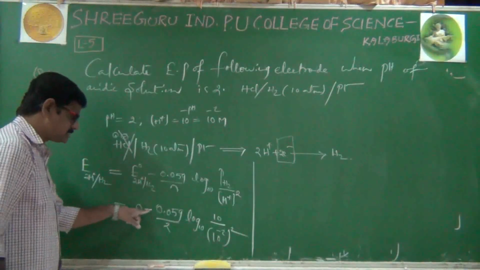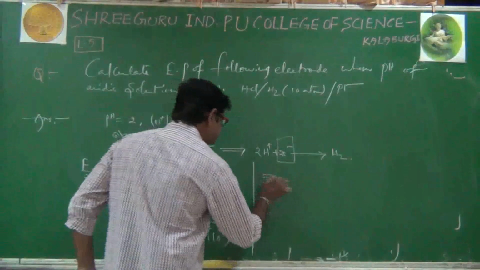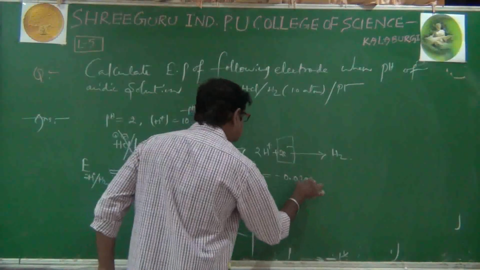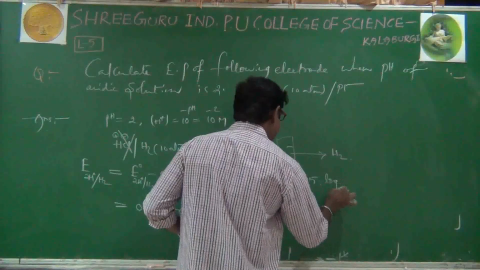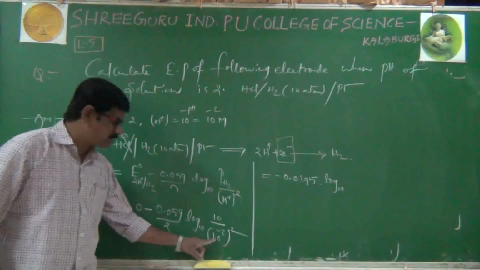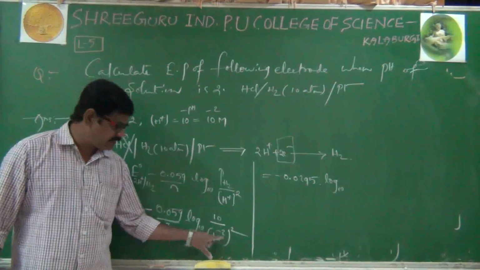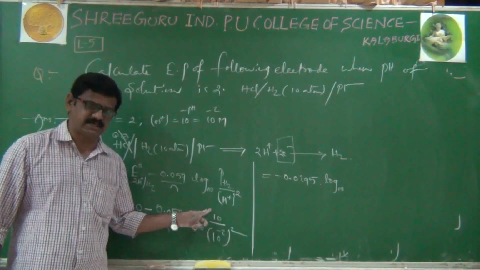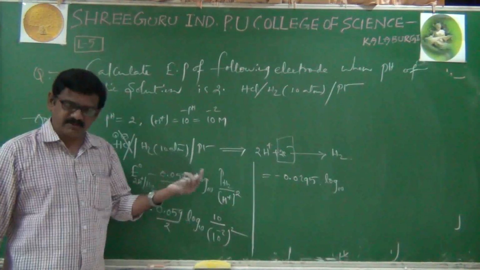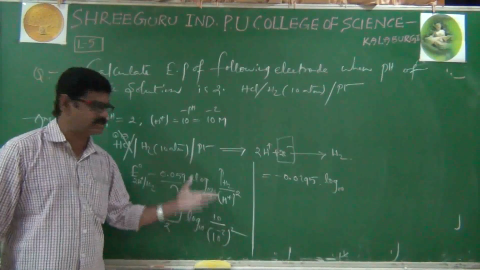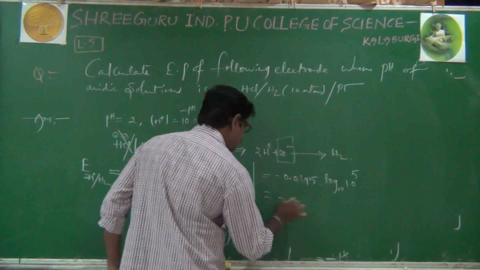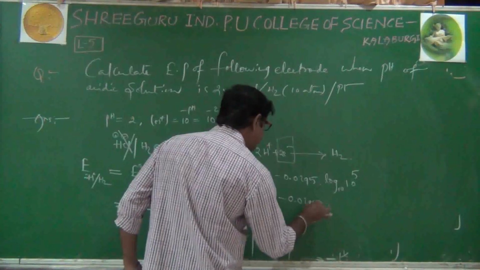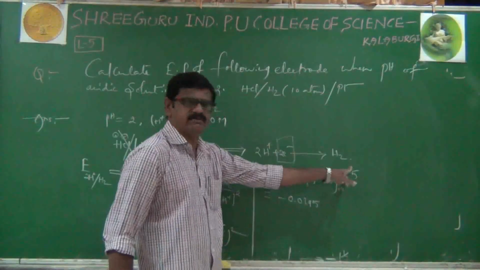Right. Minus, if you divide this value, minus 0.0295 log base 10 of 10 by 10 to the power minus 4. Minus 4, if you bring into the numerator, then it becomes 10 to the power plus 4, and here already 1 is there, so 10 to the power 5. Equal to minus 0.0295 log m to the power of n.